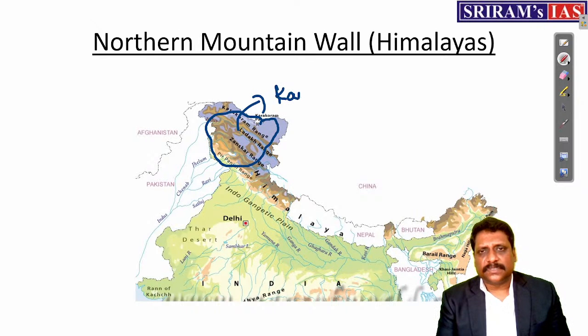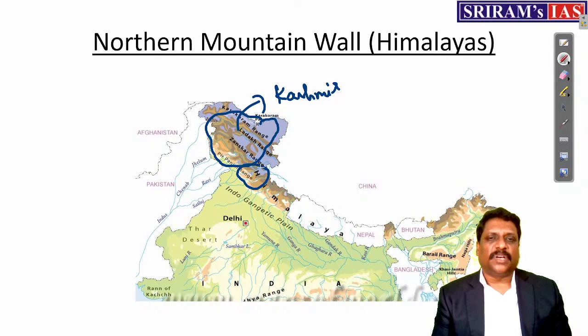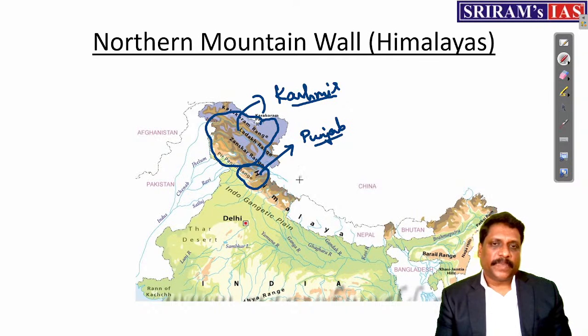Kashmir Himalayas. Okay. What you have in Himachal Pradesh, now it is Himachal Pradesh, earlier it was more like a Punjab. Am I right? So this Himachal Pradesh Himalayas, you call them as what? Punjab Himalayas. Then what you have in Uttarakhand, my dear friends?